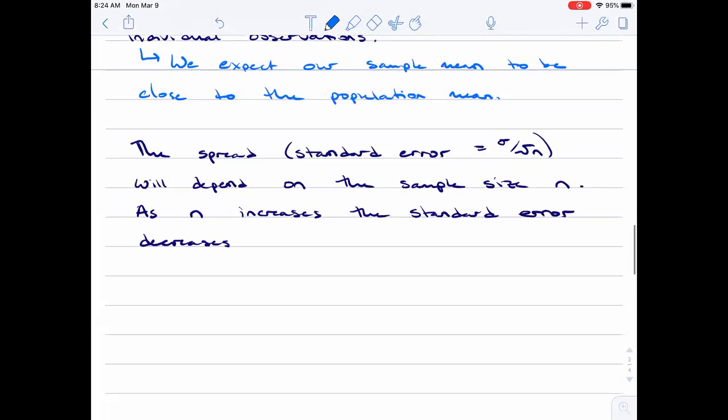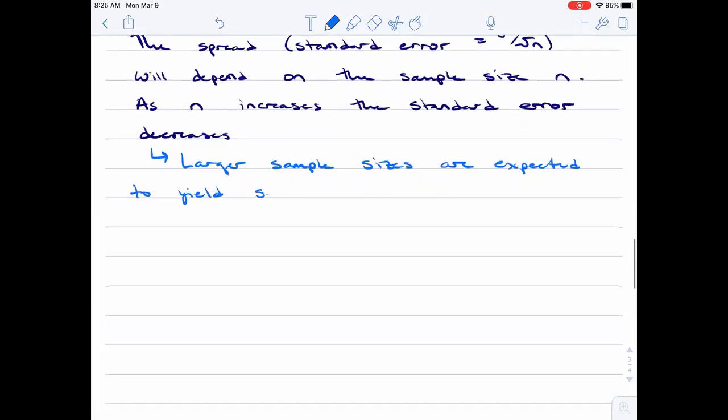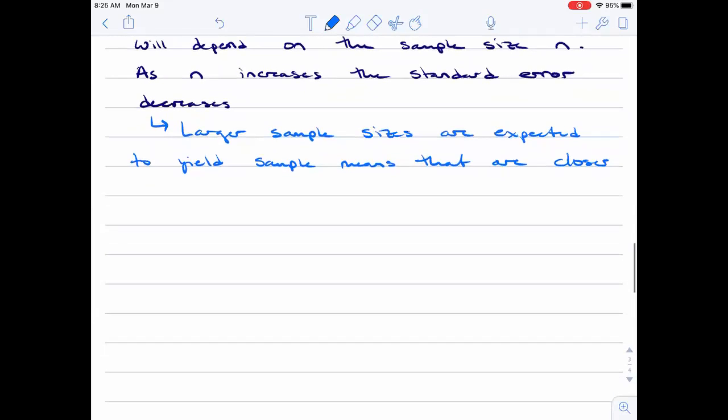So, in other words, larger sample sizes are expected to yield sample means that are closer to the population mean.